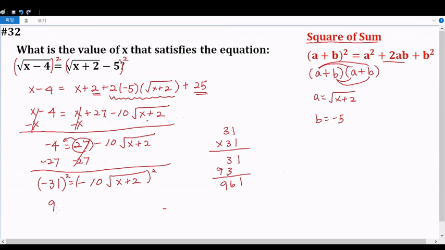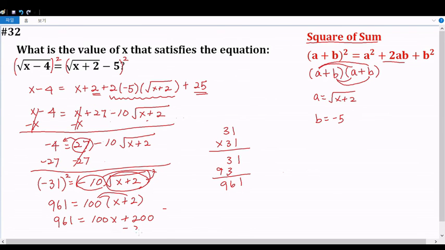Then we get 961 is equal to negative 10 squared, which is 100, times square root of (x plus 2) squared, which is just x plus 2. I'm going to distribute, then I get 961 is equal to 100x plus 200.